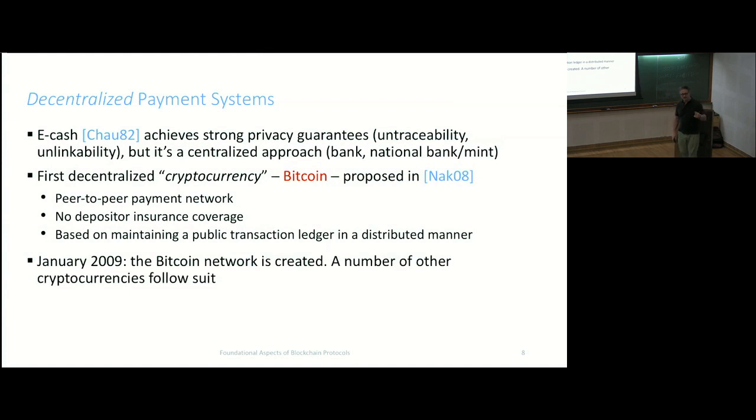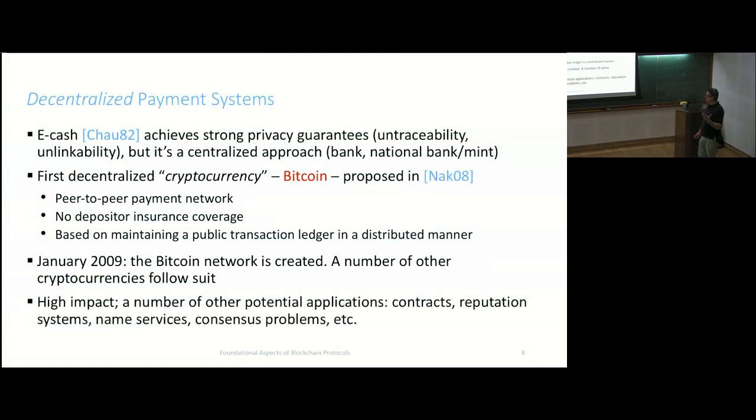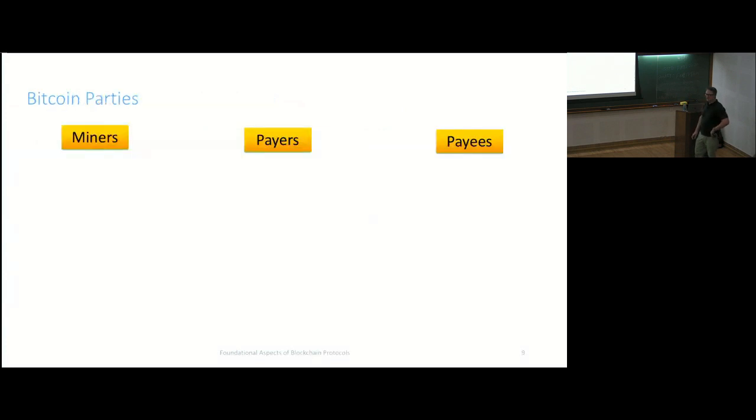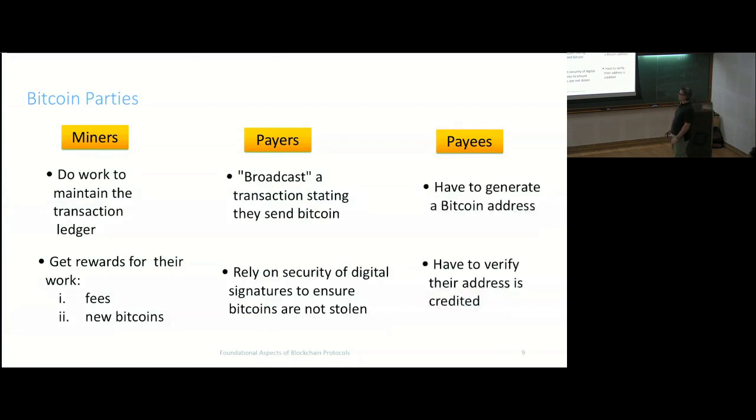As to history, as Pandu mentioned, the paper was filed in 2008 by Nakamoto. In January 2009, the network took off, and it has had a high impact with a number of other applications besides the transfer of funds.